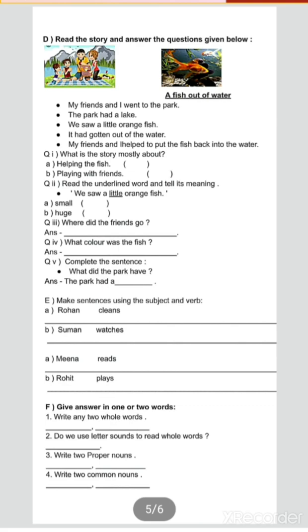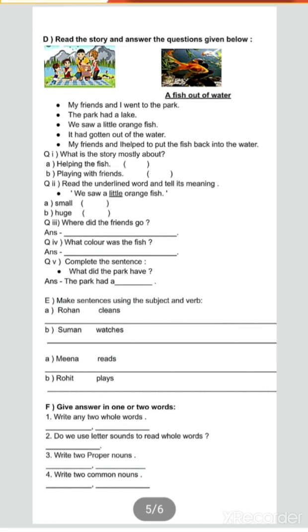For the underlined word, you have to think of the meaning of that underlined word. We saw a little orange fish. So here the underlined word is little. What do you think about the word little? Is the meaning small or huge?